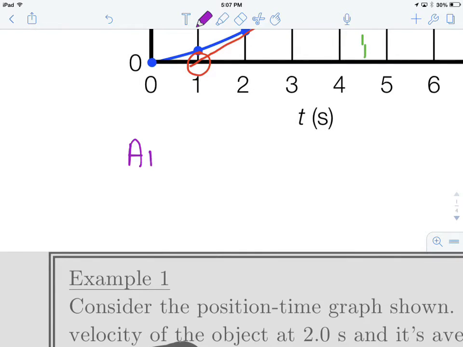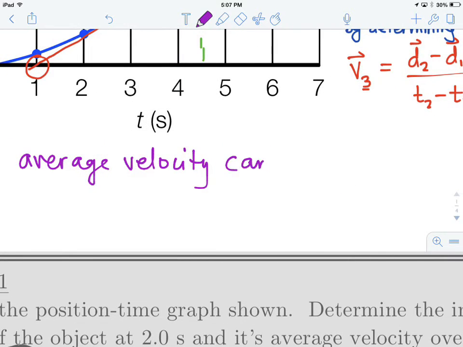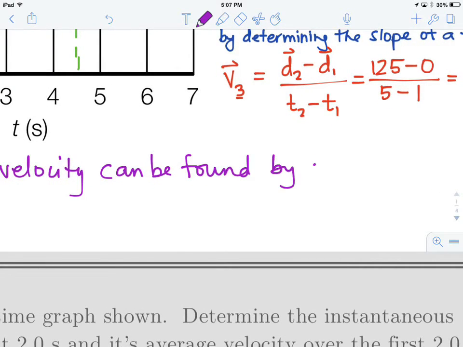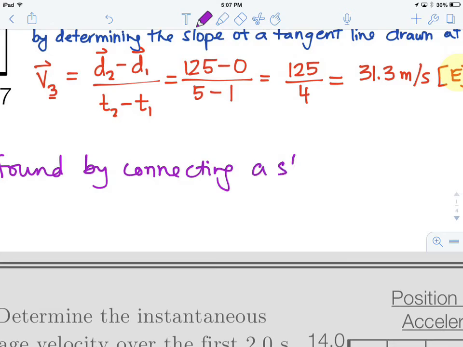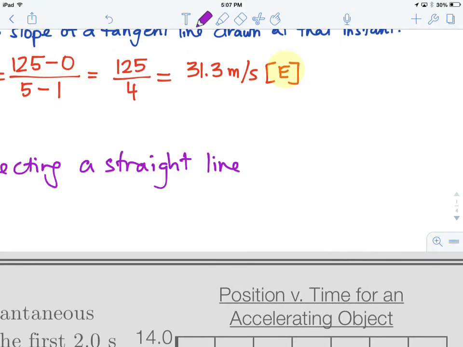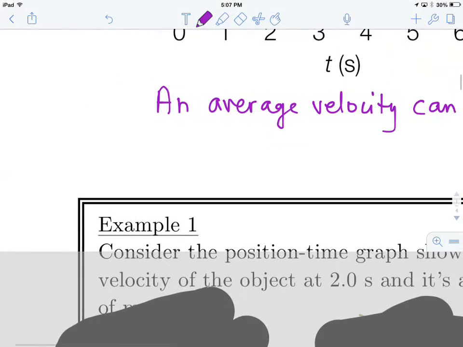An average velocity can be found by connecting a straight line from start point to end point and finding the slope.